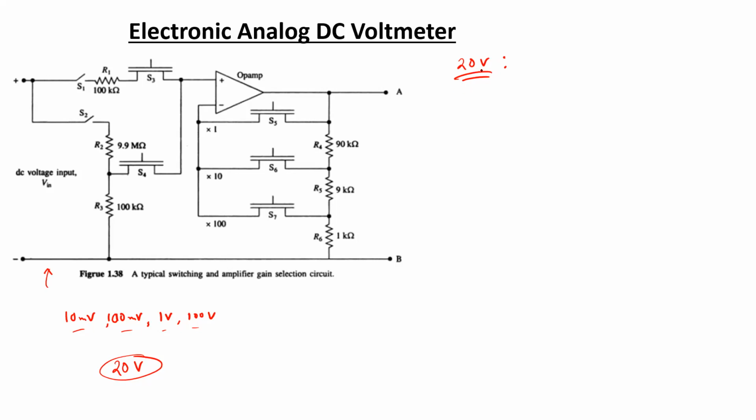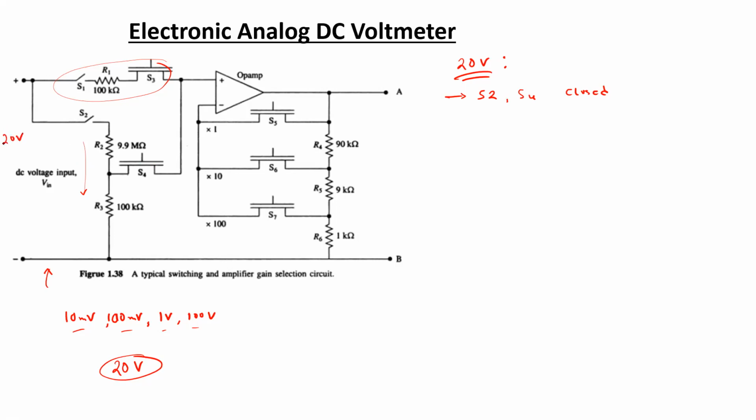Let's say as 20 volts is greater than 1 volt, we can close the switches S2 and S4. If these two switches are closed like before, this branch will be ineffective and this branch will be dividing the voltage, scaling down the voltage by 100 times.